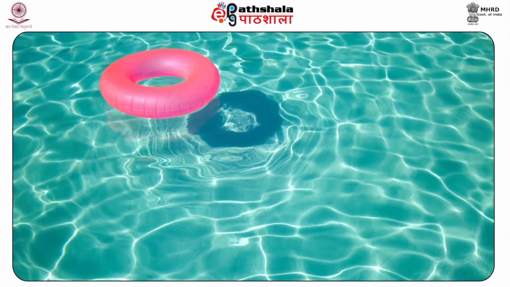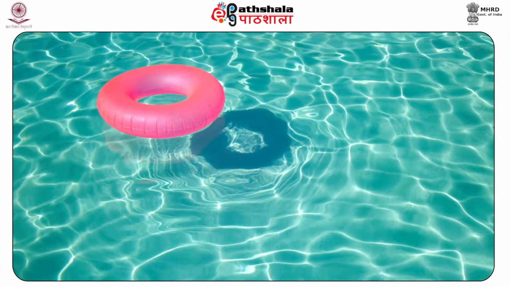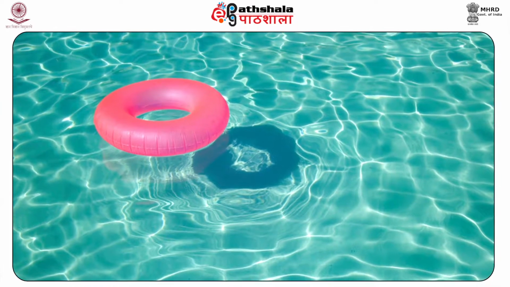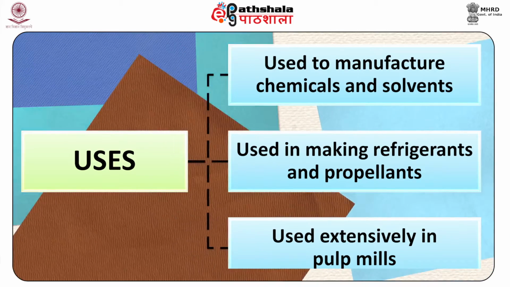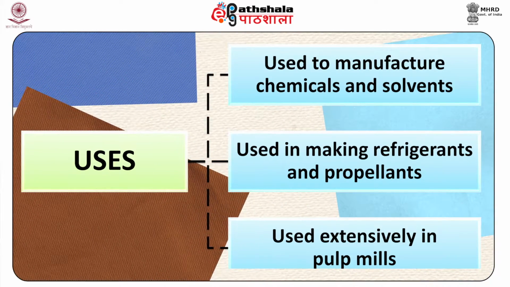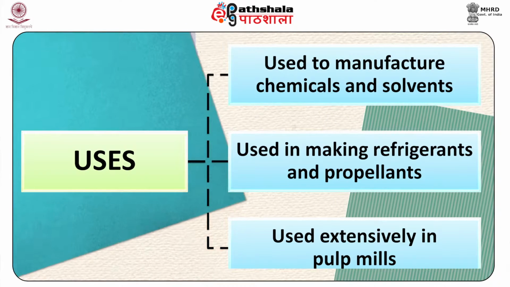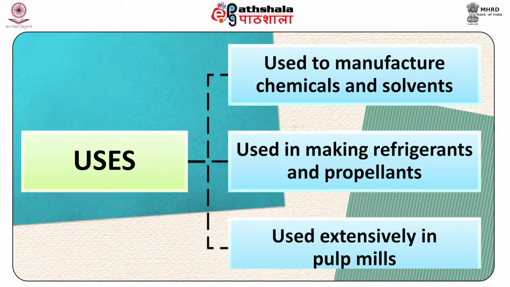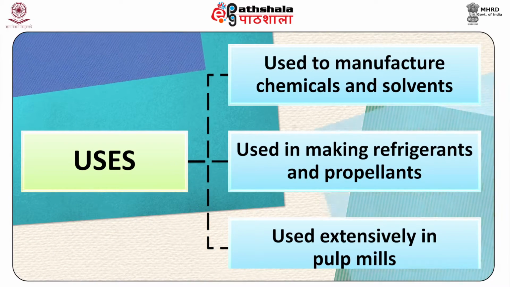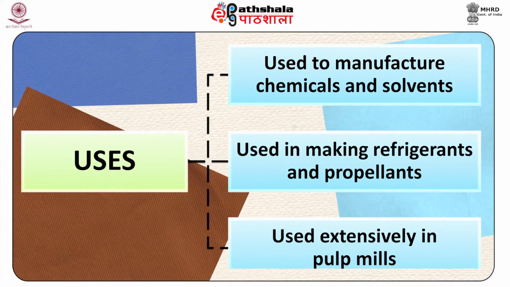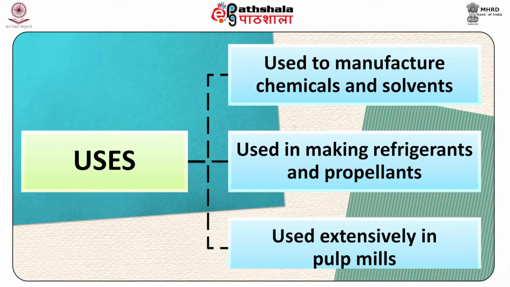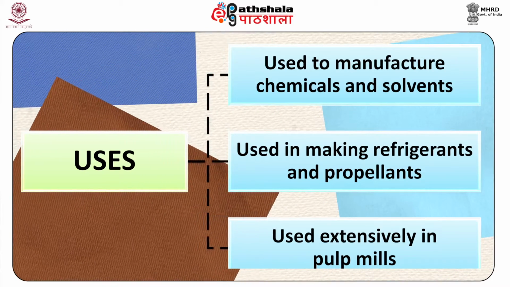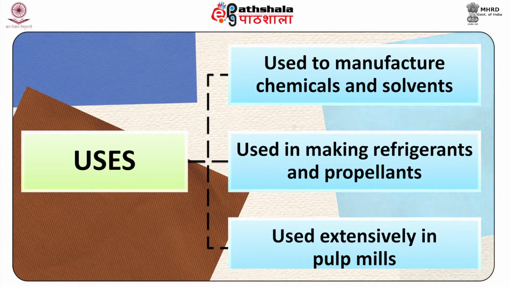Swimming pool chlorinator tablets or pellets may result in chlorine gas exposure. Chlorine is used to manufacture a number of chemicals including solvents such as carbon tetrachloride, trichloroethylene, tetrachloroethylene and methylene chloride, pesticides and herbicides, plastics, vinyl chloride, etc. It is also used in making refrigerants and propellants such as halocarbons and methyl chloride.